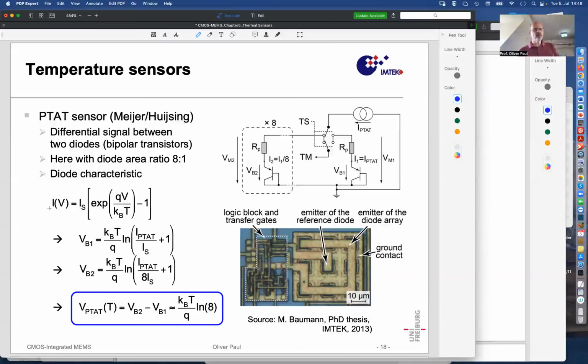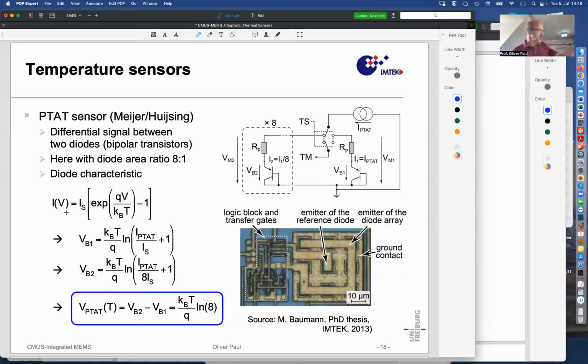So here you have the typical dependence of the current that flows through a diode if you apply a voltage V. If the voltage V is 0, then we have the exponent of 0, that is 1 minus 1, no current. If I apply a forward bias voltage, a positive voltage, this exponential grows rapidly above 1, and we have kind of an exponential dependence of the current on V. And if I go to negative voltages, then this exponent becomes 0, and we have minus 1 times IS.